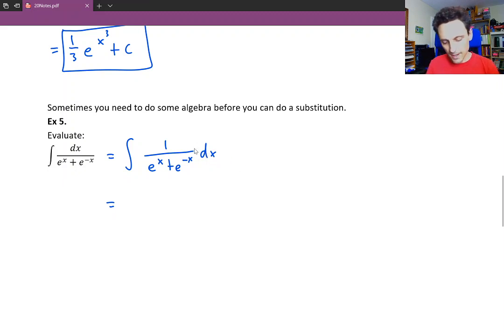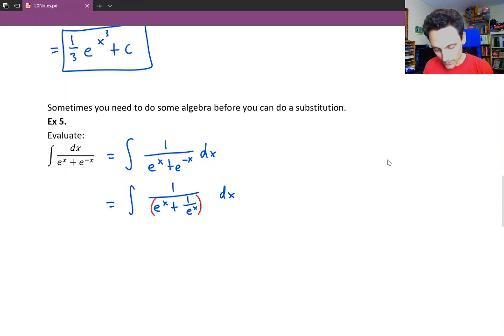So let's go ahead and think about multiplying that e to the x in there. We can multiply the top and the bottom of this fraction by e to the x. Another way of seeing this is taking just one more step. If you think about e to the negative x, that's like 1 over e to the x. Here, just by virtue of wanting to simplify this expression, you could think about multiplying top and bottom by e to the x.